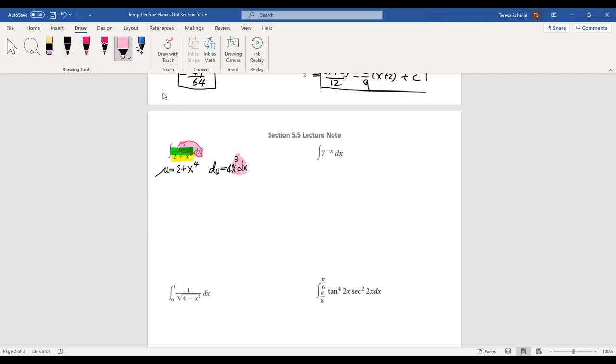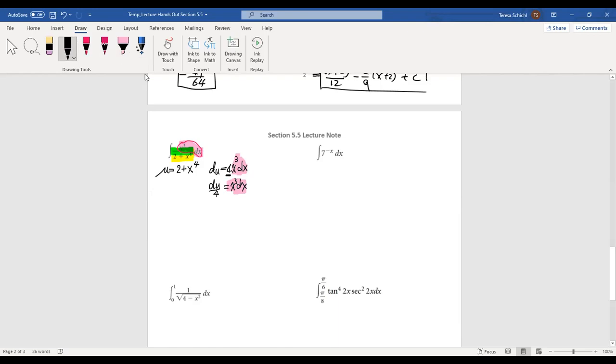This is a match with the x cubed dx, and we have this extra constant. The constant doesn't matter, we can always just move it over. So we divide by 4 on both sides, and this is x cubed dx.